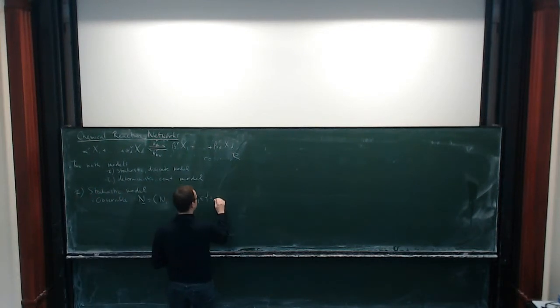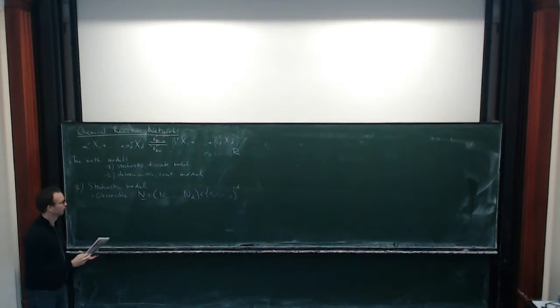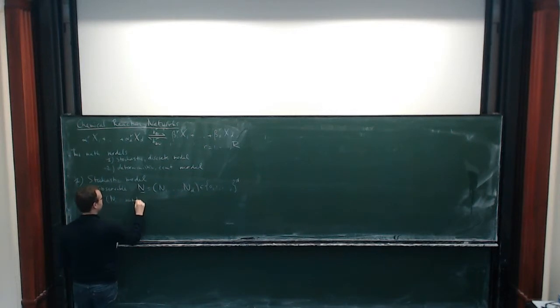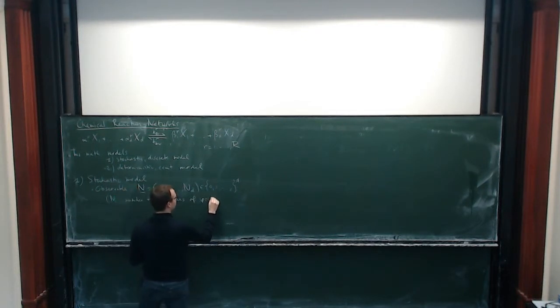So this is just a vector of integers. ni is the number of particles of the species xi.